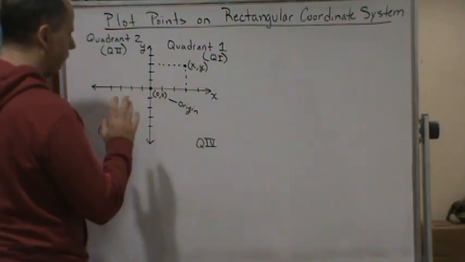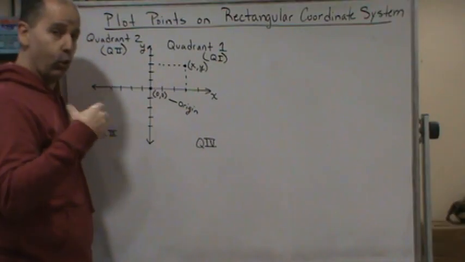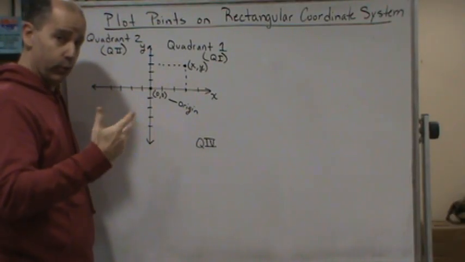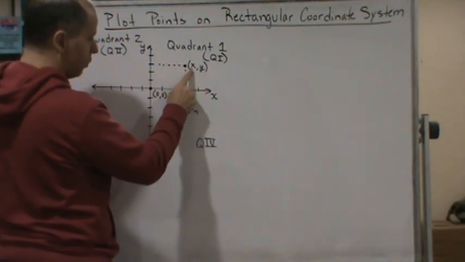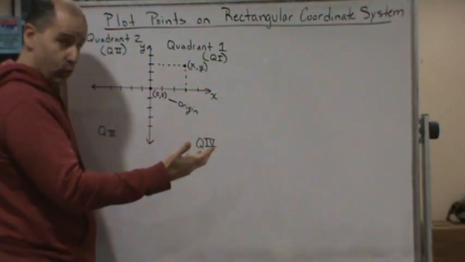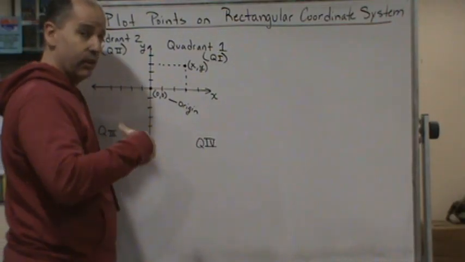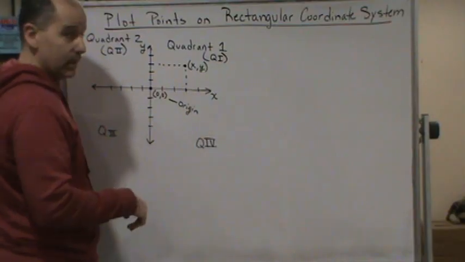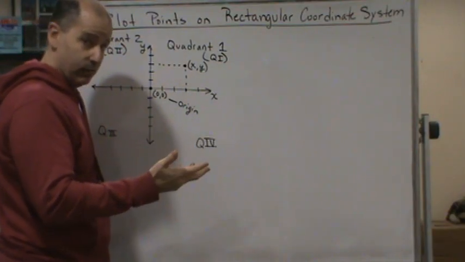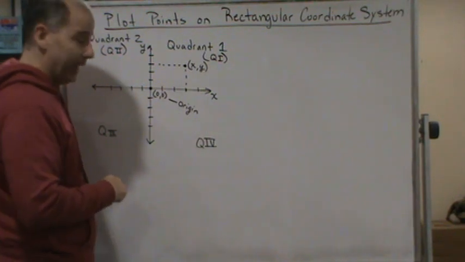Now every point in the plane is represented by what we call a coordinate pair, an ordered pair (x, y). The first coordinate is always the x-coordinate, and the second coordinate is the y-coordinate. It tells us how many units in the x direction and how many units in the y direction.